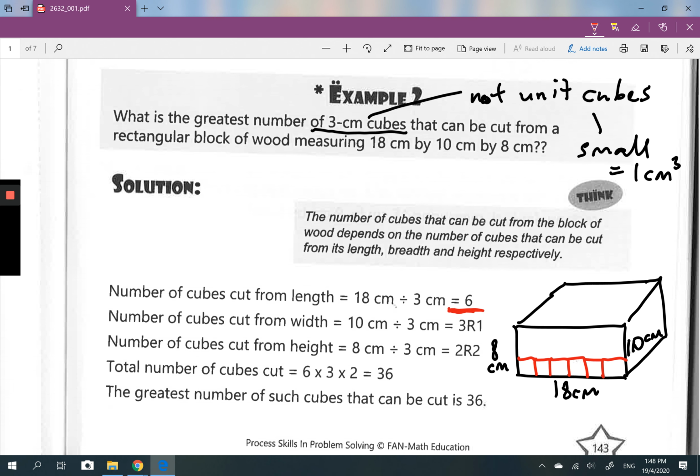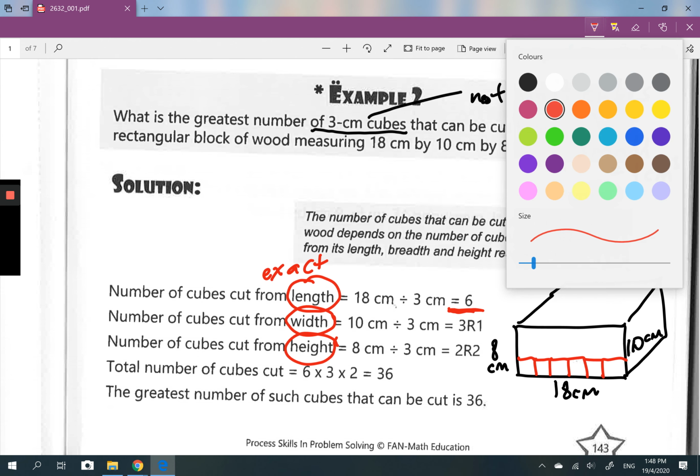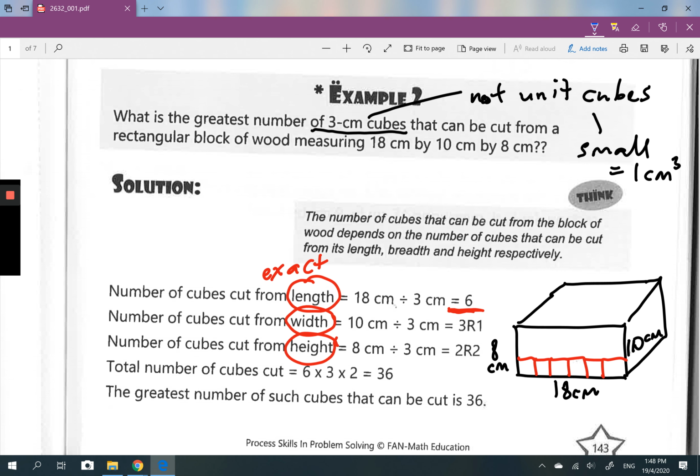So for this kind of question, we need to count the number of exact cubes that can be placed onto the length, onto the width or breadth, and onto the height. So let me explain the next part. What about stacking them up along the height? If we put a 3 here, the next one will reach a height of 6, and the last one would have reached a height of 9.